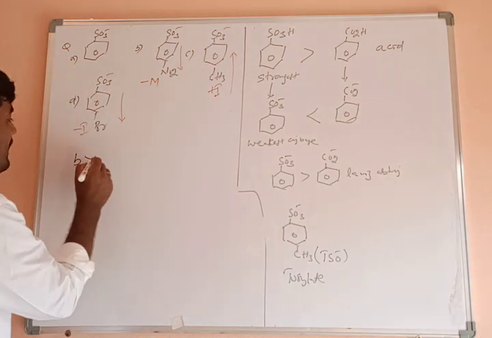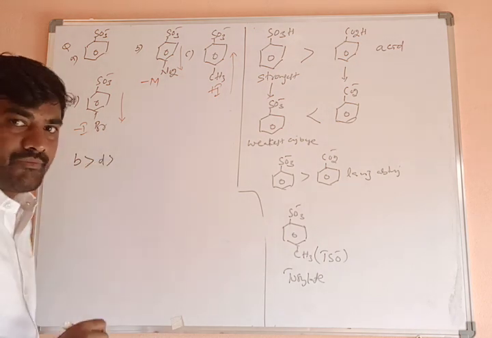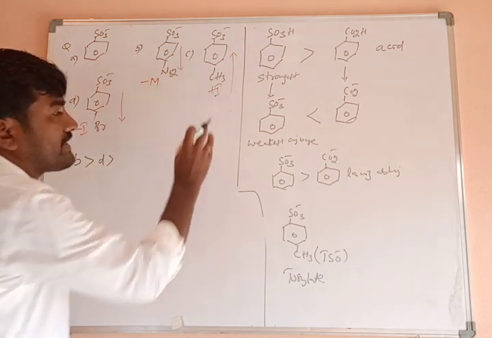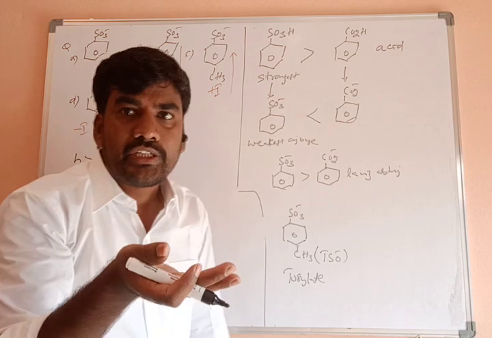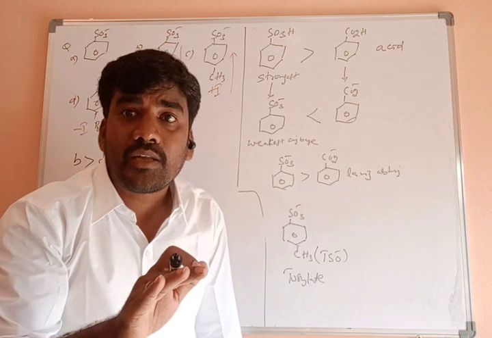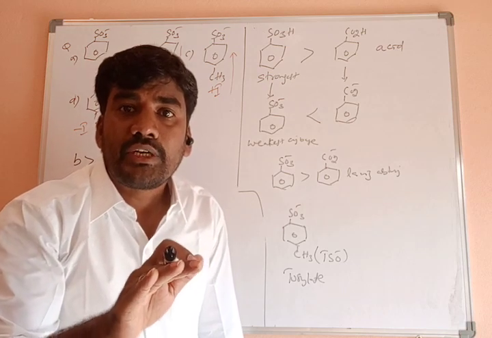After that comes C, where the plus I effect increases the electron density on the molecule, so stability decreases and leaving group ability decreases.